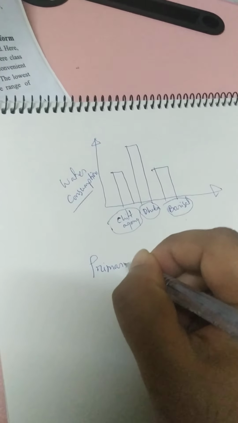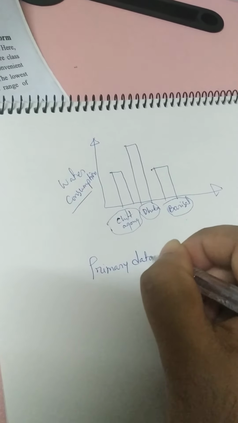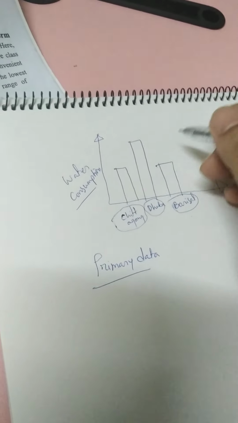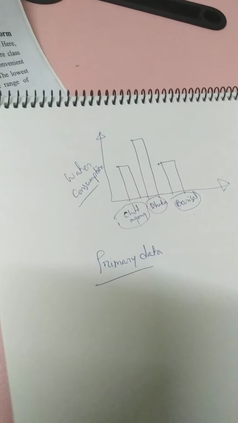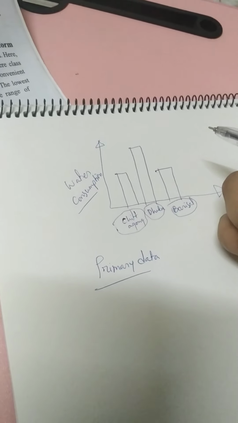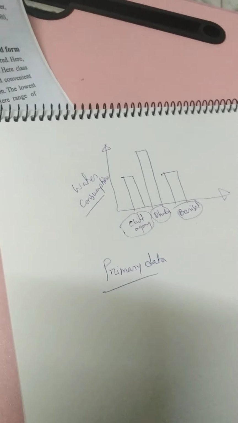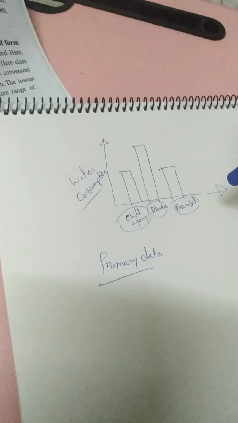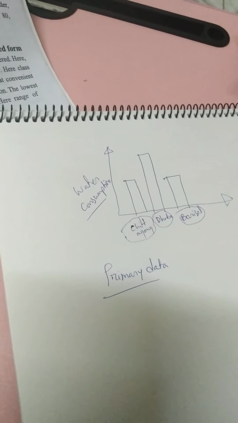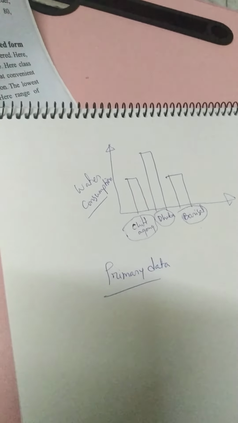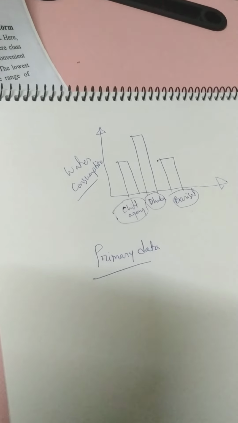You got my point? If the information that I'm providing in a statistical report is collected by myself or through my source, using my resource, it is primary data. Suppose I've sent a particular person, I've paid him, and he has given me the statistical report, that is also okay.